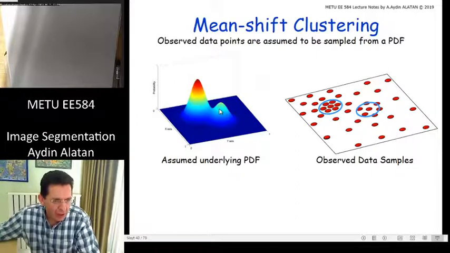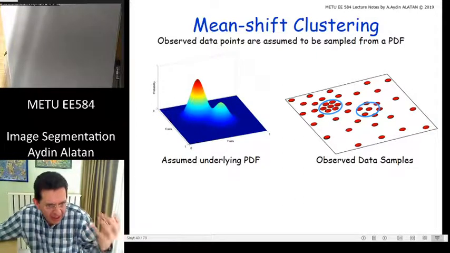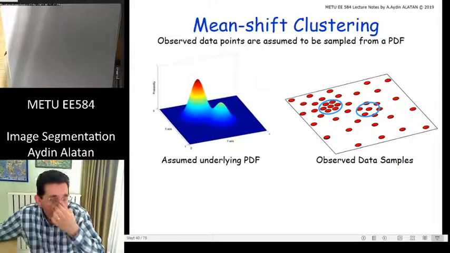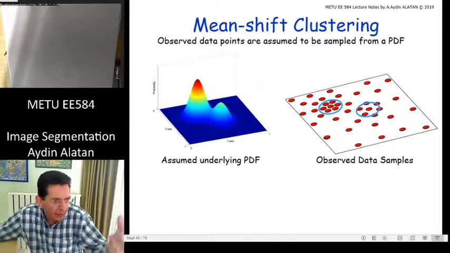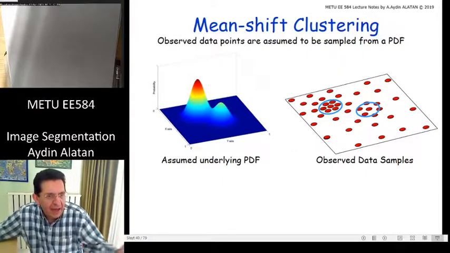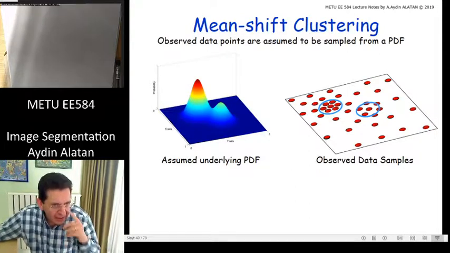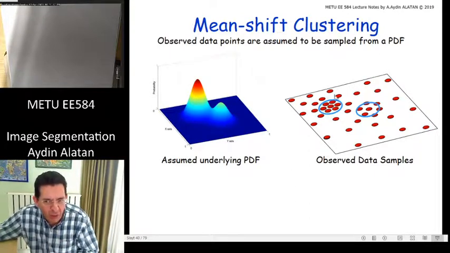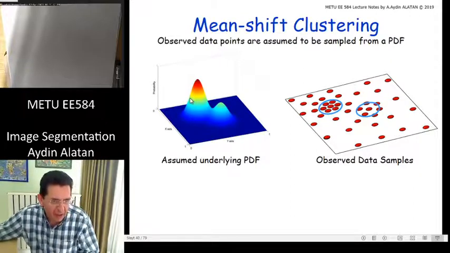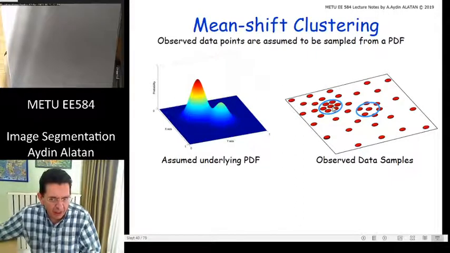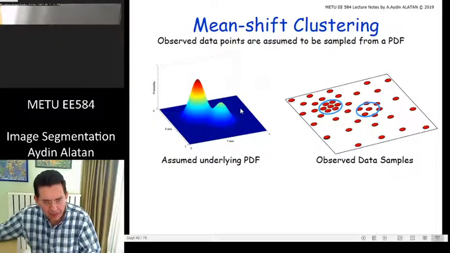In other words, I am assuming my PDF consists of some sub-conditional PDFs, and the sum of them is what I am observing. I'm just trying to find which samples are coming from which part of this PDF, like a mixture of Gaussians or a mixture of some other PDFs, and I'm trying to find this data coming from here and that data coming from there.